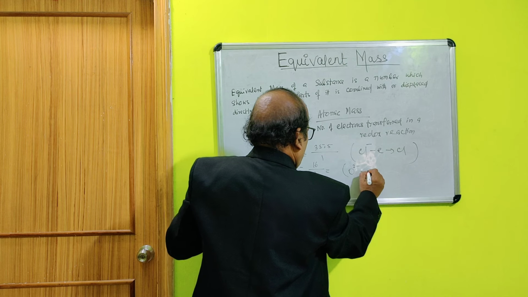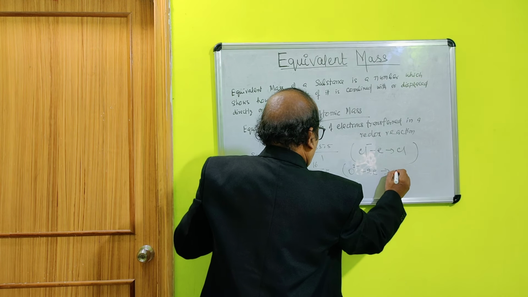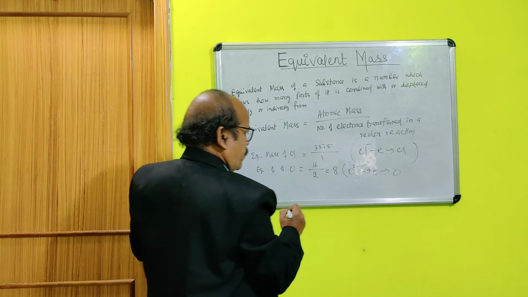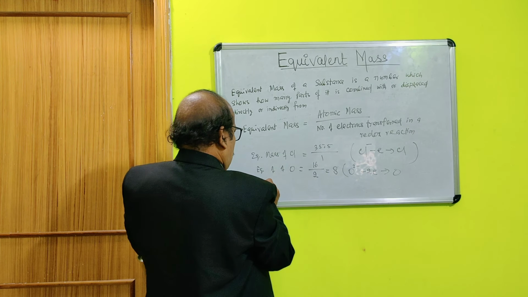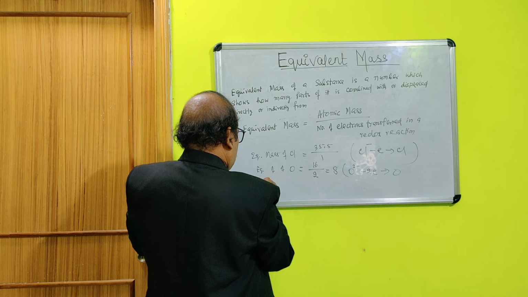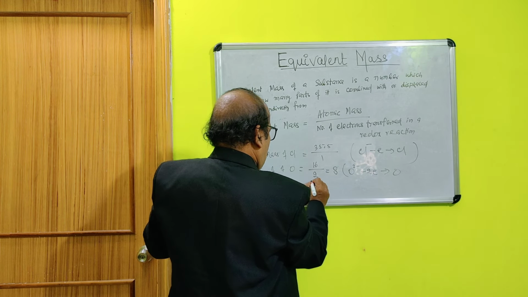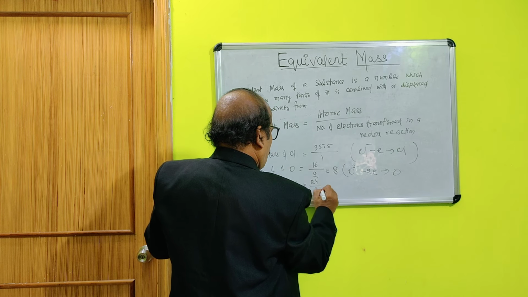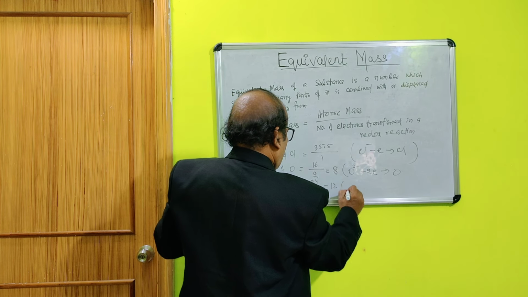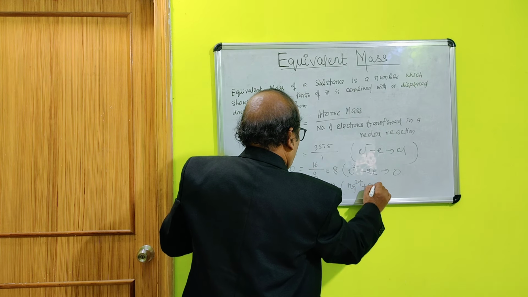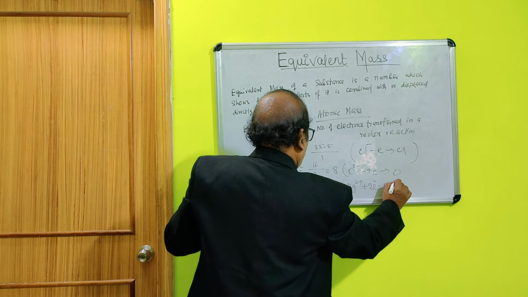O2 minus 2e gives O, so this will be 8. Similarly, the equivalent mass of magnesium is 24 by 2, equal to 12, because Mg 2 plus 2e minus gives Mg.